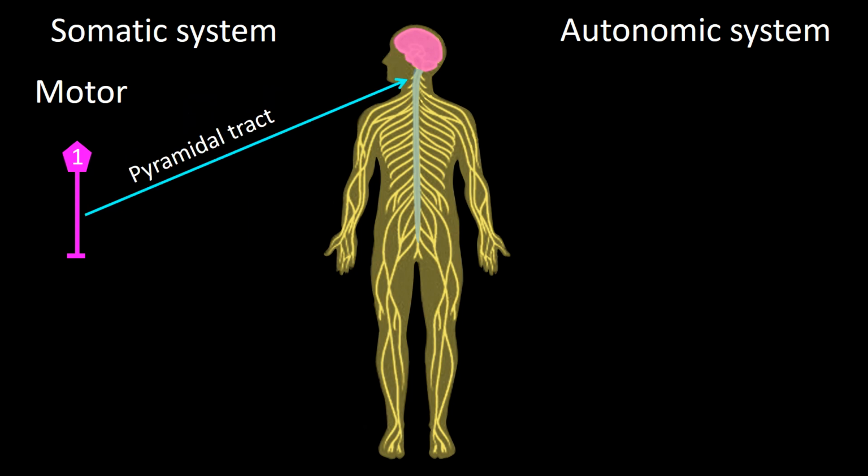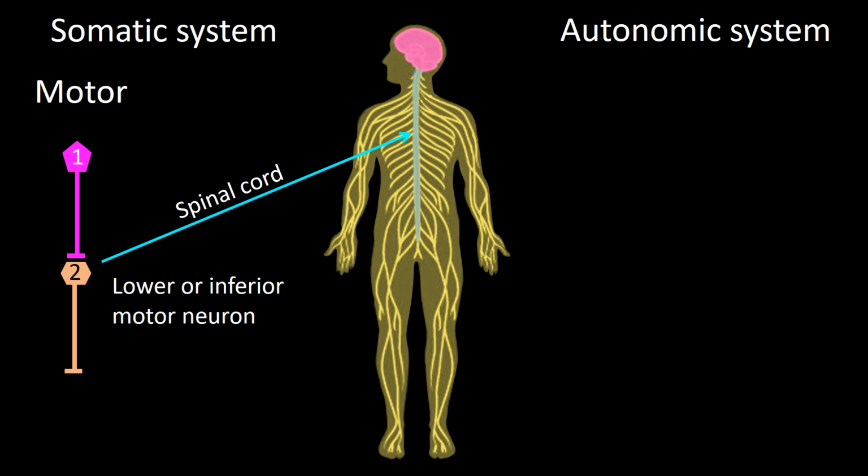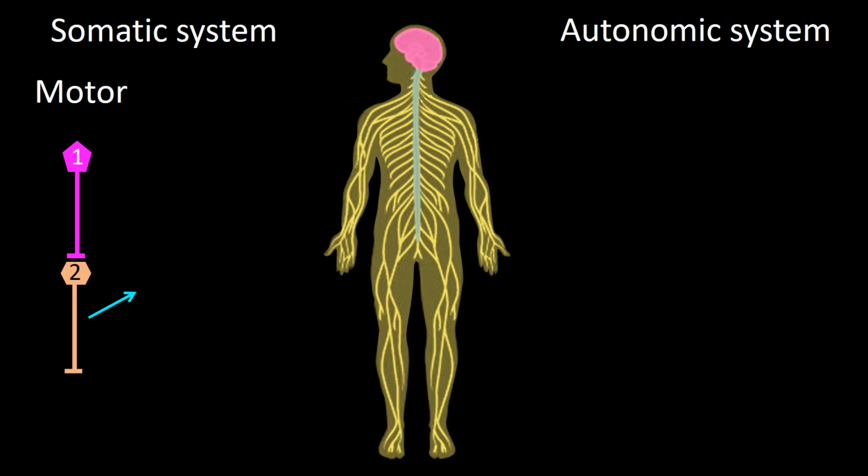The axons of these neurons form the pyramidal tract. The second neuron is either in the brainstem motor nuclei of striated muscles or in the anterior horn of the spinal cord. The second neuron is called the lower or inferior motor neuron.